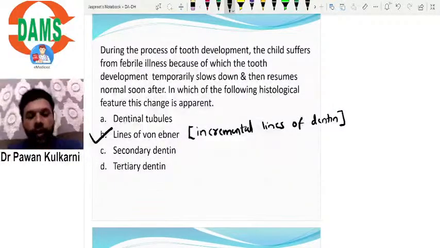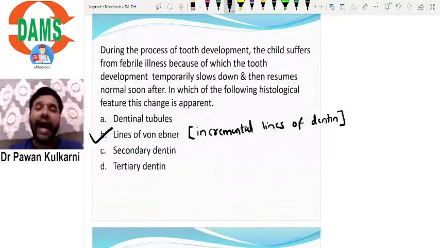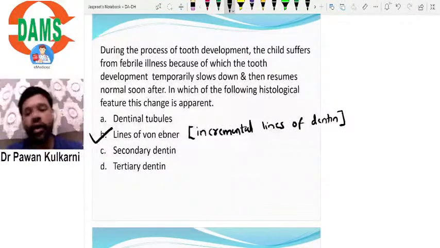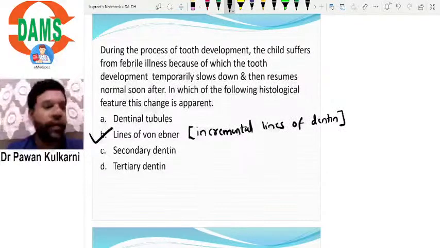We should know the basic concept: how does the incremental line form? How does the neonatal line form? The neonatal line forms exactly at birth. That is why all the deciduous teeth and first permanent molars will have a neonatal line, because first permanent molars are initiated at birth. So obviously the first permanent molars also will have the neonatal line.